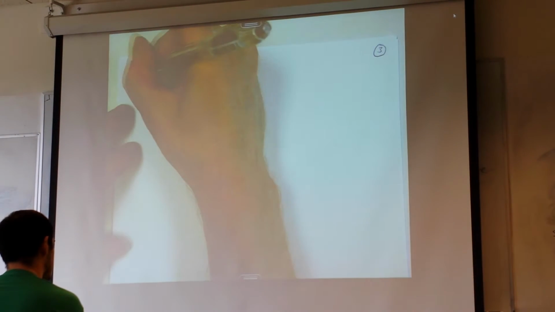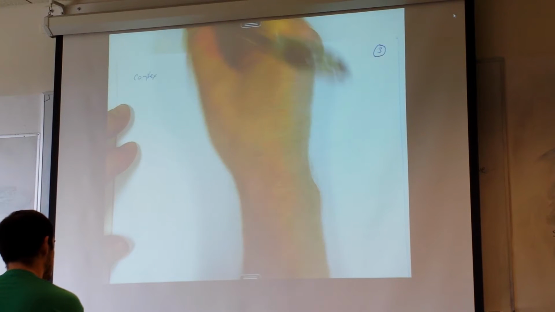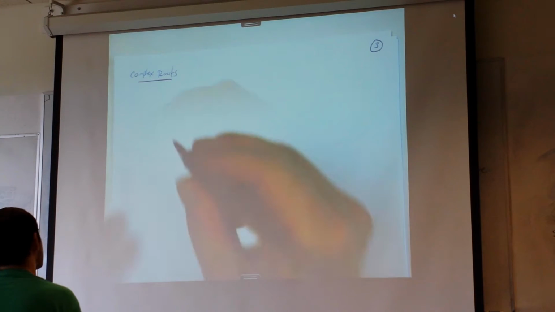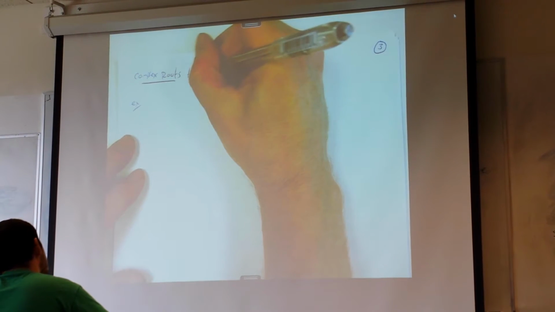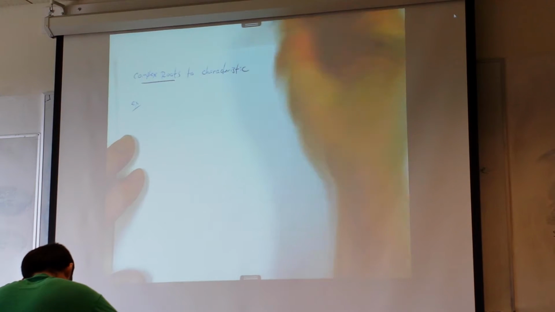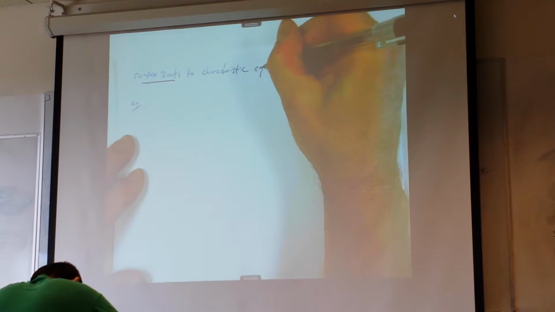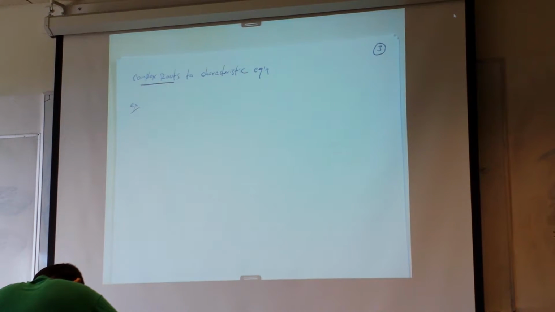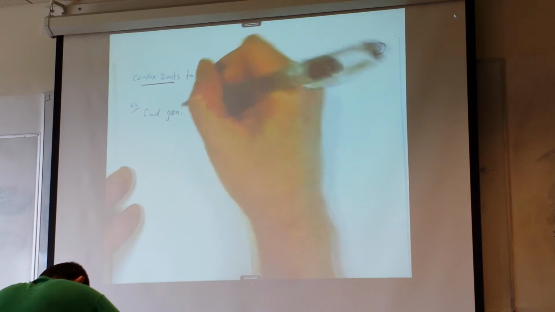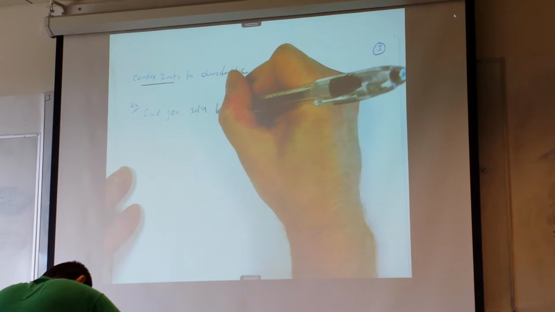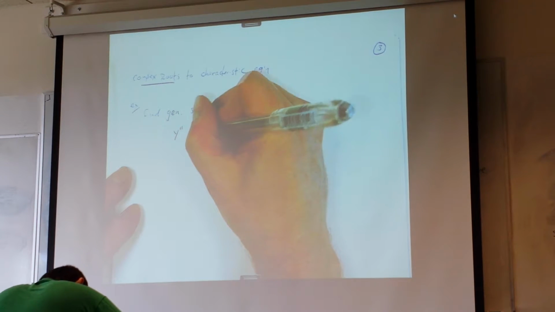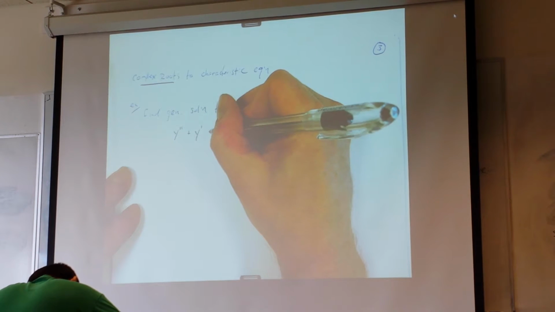And I do want to talk about complex roots again. We did one example for warm-up. Let's find the general solution to the equation y double prime plus y prime plus y equals 0.